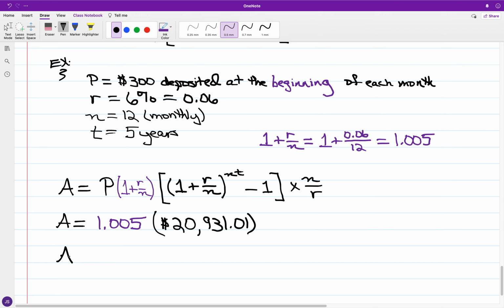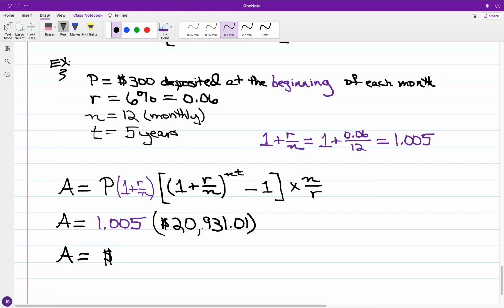So the difference this time around is going to be a little bit more. For the future value, if I put the deposits at the first of each month as opposed to the end of each month, we're looking at a little bit higher after 5 years.